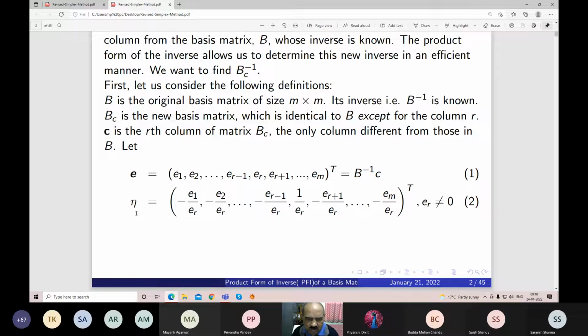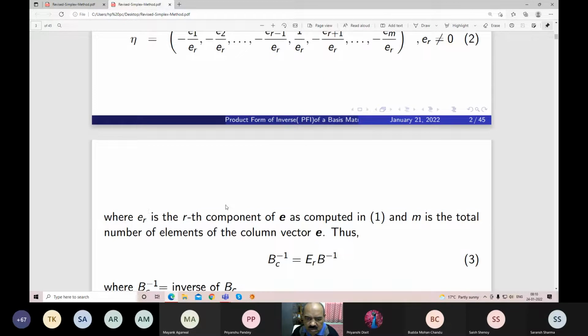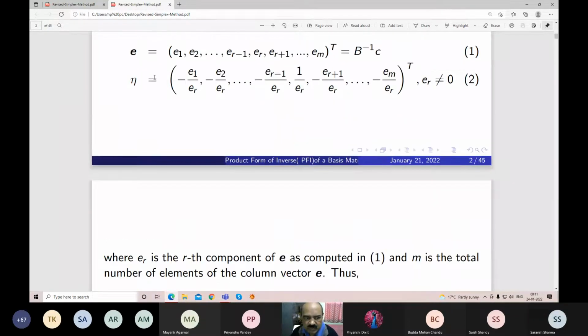Once eta is known, we compute another matrix that is known as Er. What is Er? This Er is nothing but an identity matrix, exactly an identity matrix, but its rth column we replace with the vector eta.